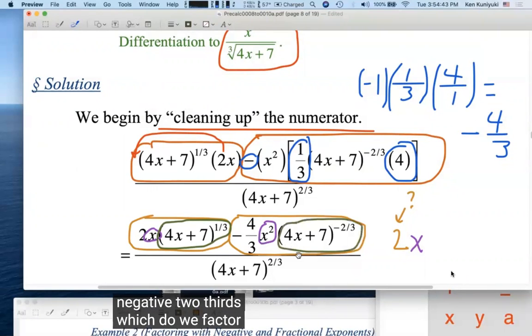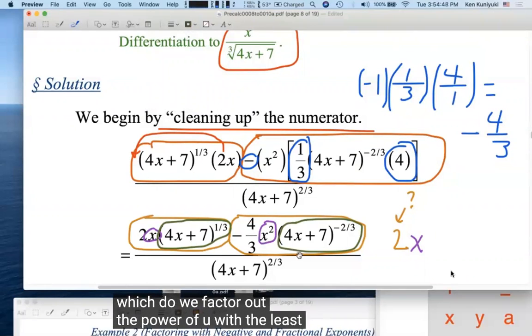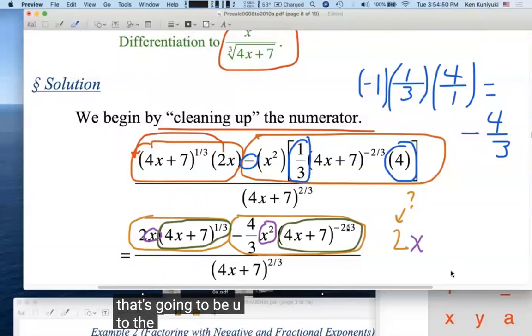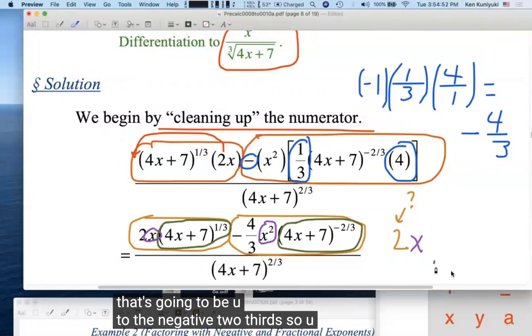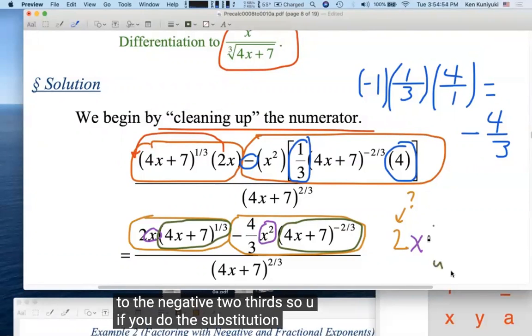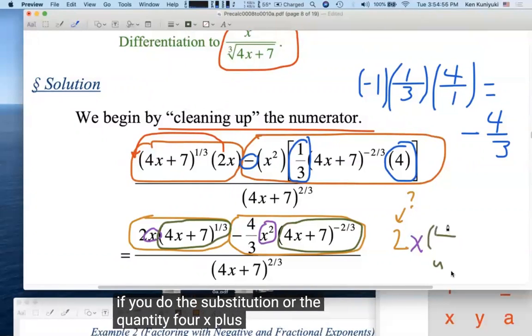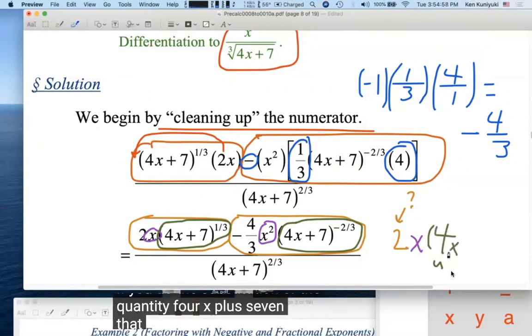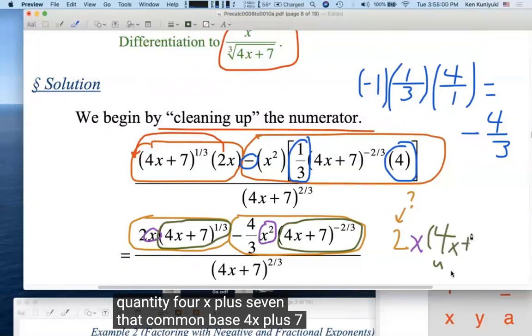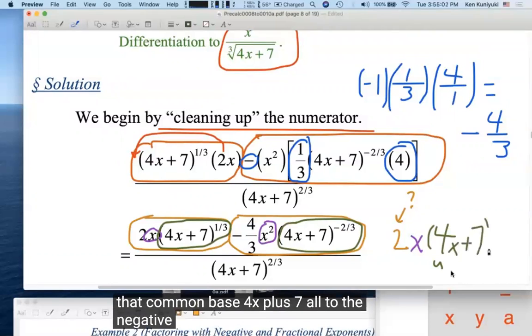Which do we factor out? The power of u with the least exponent, that's going to be u to the negative 2/3. So u, if you do the substitution, or the quantity 4x plus 7, that common base, 4x plus 7, all to the negative 2/3, or u to the negative 2/3.